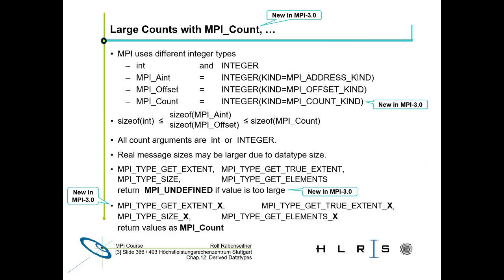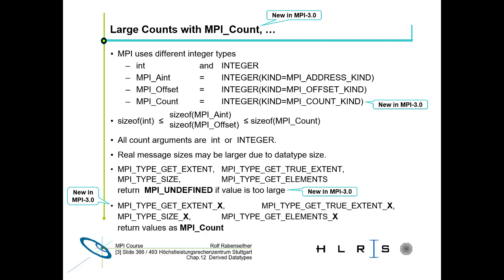So, large counts with MPI count. MPI uses different integer types: int and integer, MPI aint, that is actually an integer of MPI address kind. That is an integer that is large enough to store addresses. And there is also MPI offset, basically for absolute addresses as well, and that again is large enough to accommodate them.